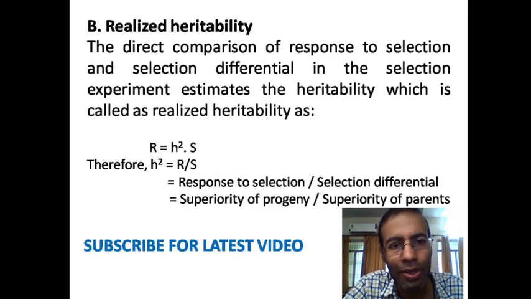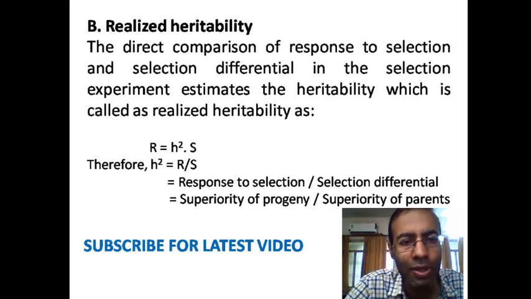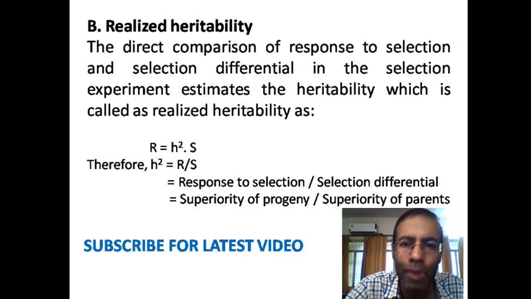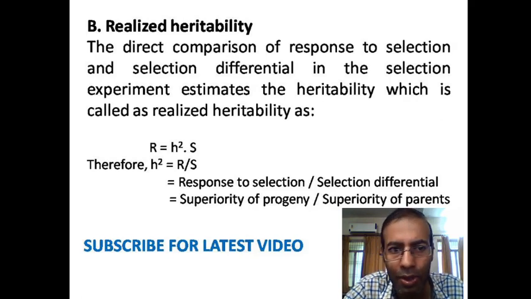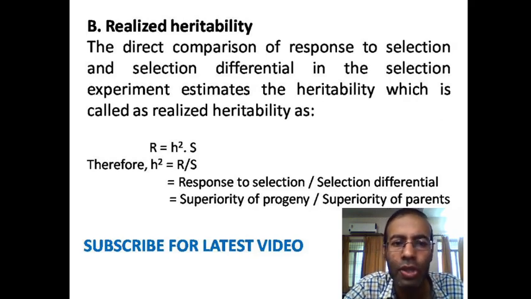And the second way of estimation of heritability is realized heritability, the direct comparison of response to selection and selection differential. In the selection experiment, the estimate of heritability is known as realized heritability.